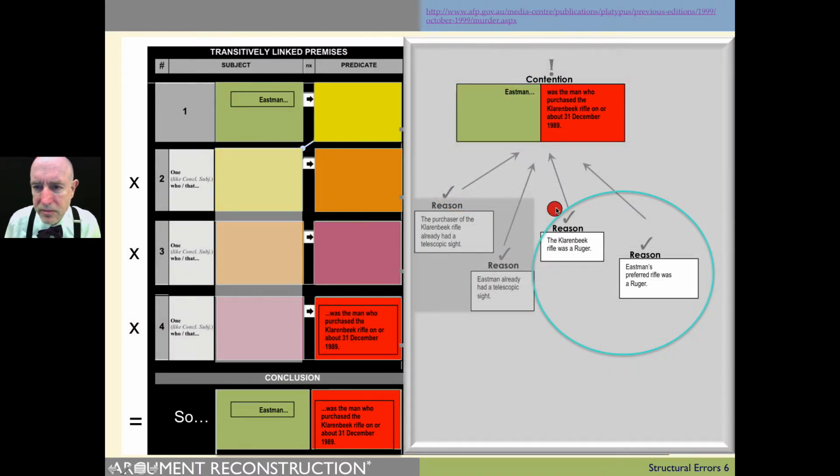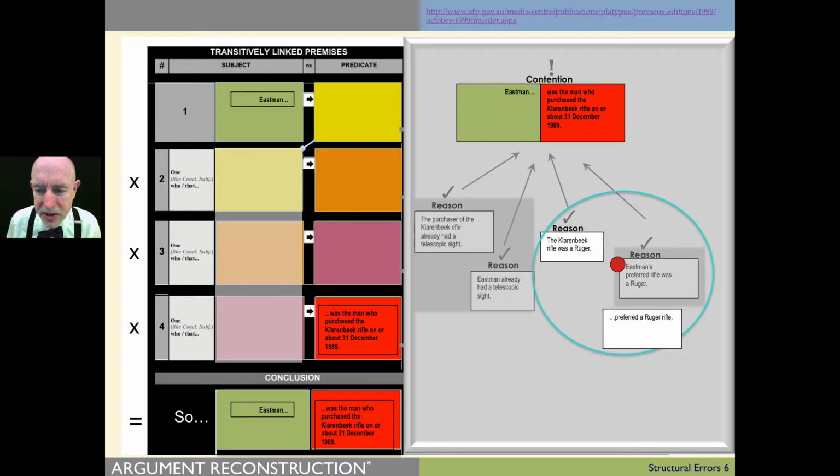So now we go back to our original argument that we're reconstructing, and we see 2 more premises that were tossed out there, and we're going to see if we can organize them in a fashion that makes logical sense.